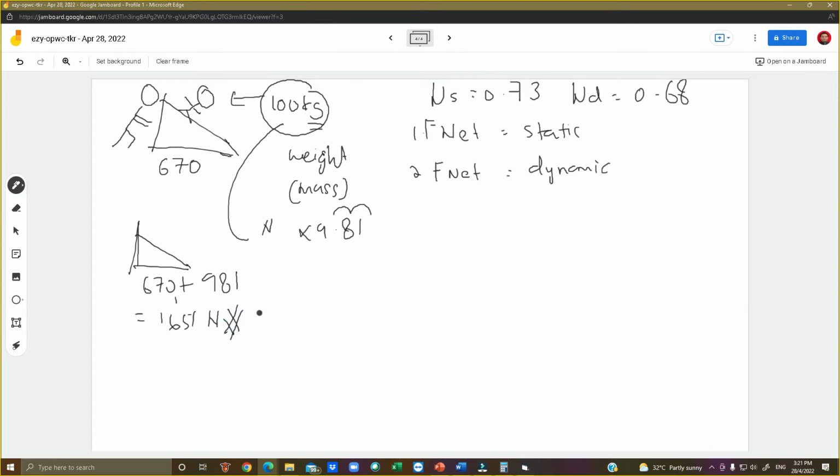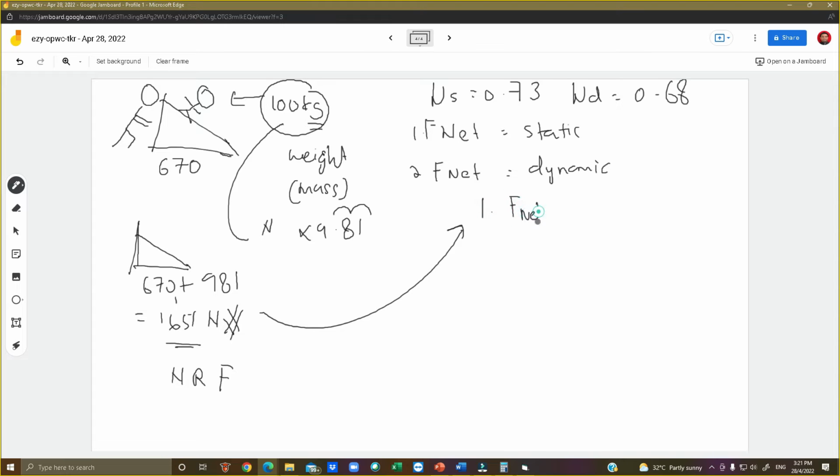Okay, now use this as part of that. It means this is the new normal reaction force. Earlier we had only 670, but now the normal reaction force is 1651 Newton.